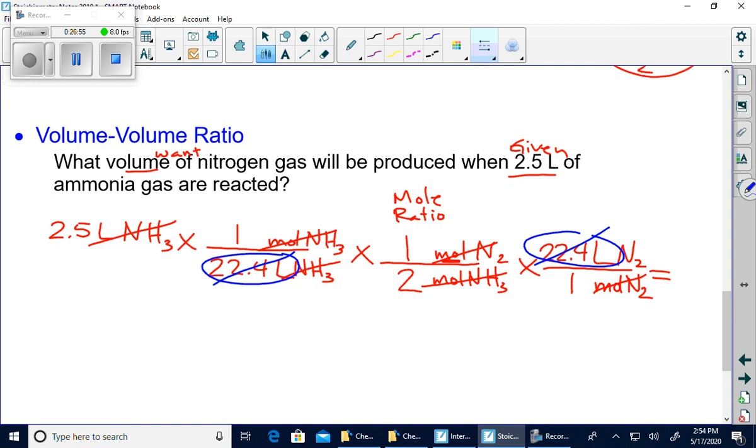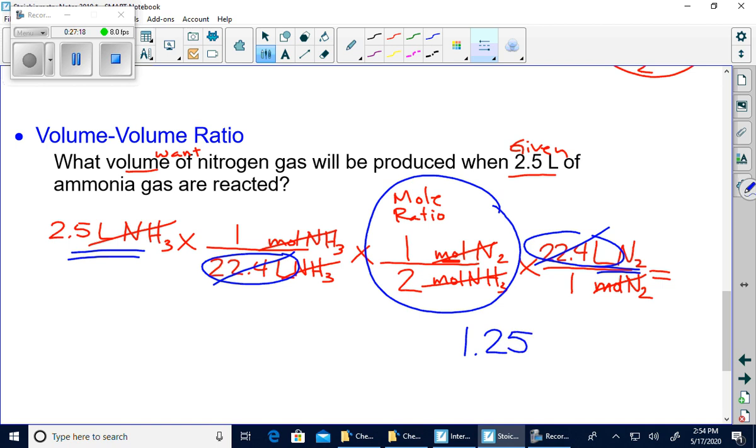So when you are given volume of one substance and you want to go to volume of a different substance in your chemical reaction, all you have to do is multiply by the mole ratio. So my answer then would be 1.25 liters of nitrogen, because 2.5 divided by 2 is 1.25.